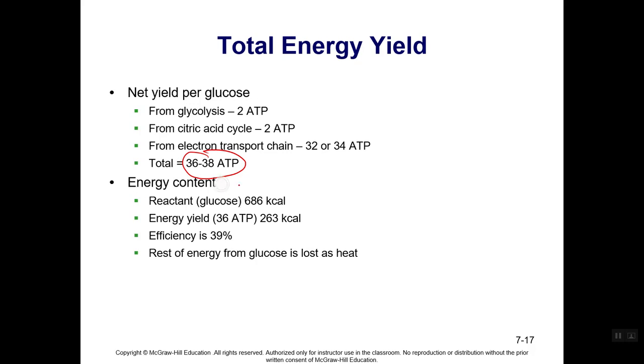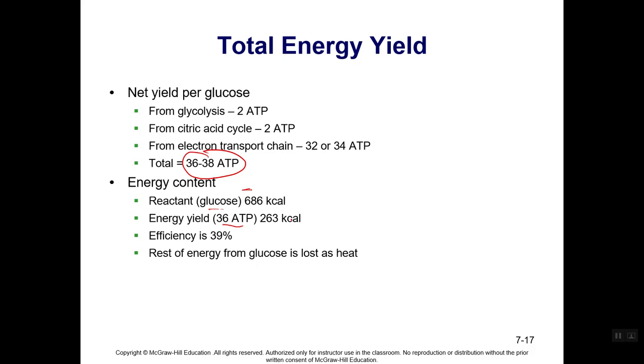So next, energy content. Something I want you to think about that we've discussed before is how transformations of energy are never perfect and they result in a loss of energy. Our reactant of cellular respiration, which is glucose, contains about 686 kilocalories worth of energy. But the energy yield, 36 ATP, is only about 263 kilocalories worth of energy.